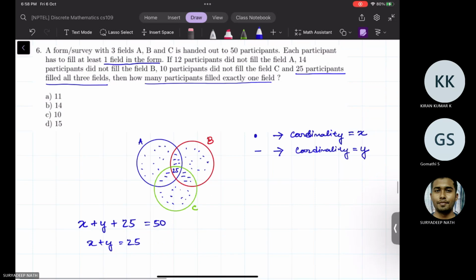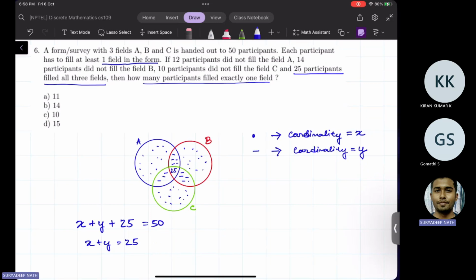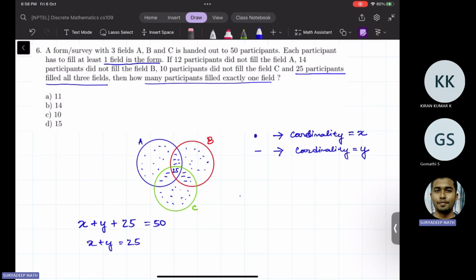Now let us count the blank fields, that is, the number of fields that are not filled.